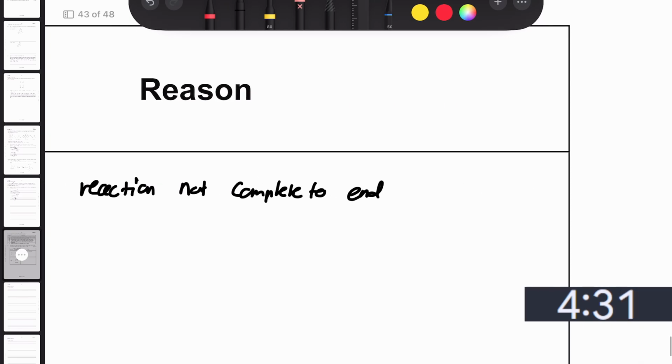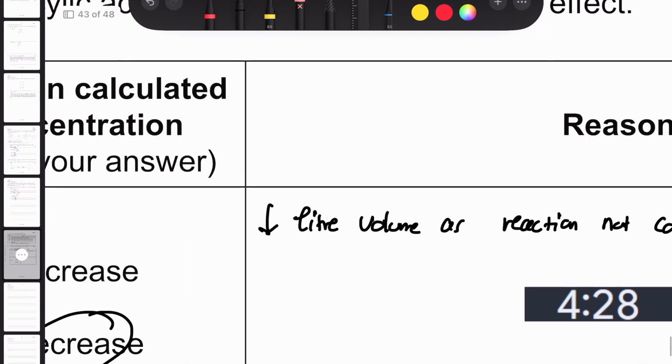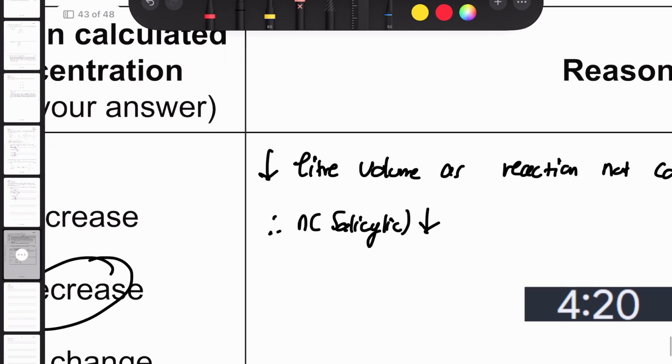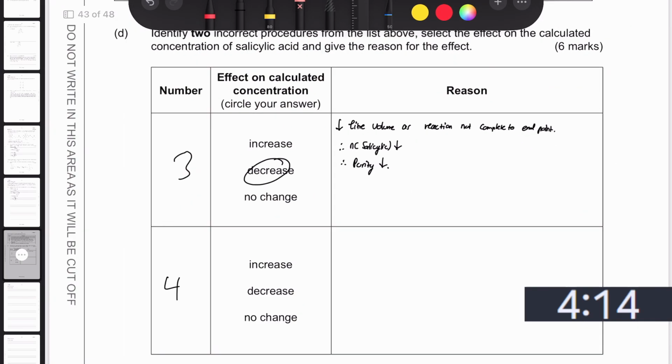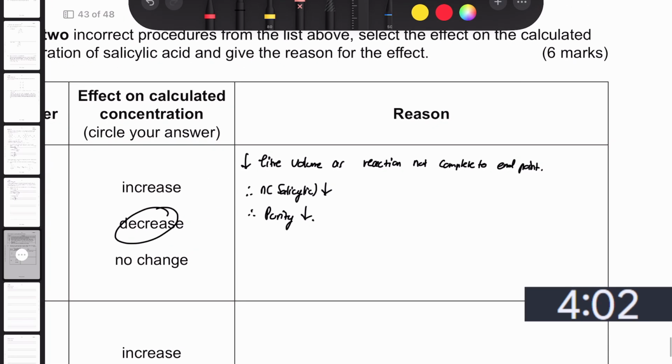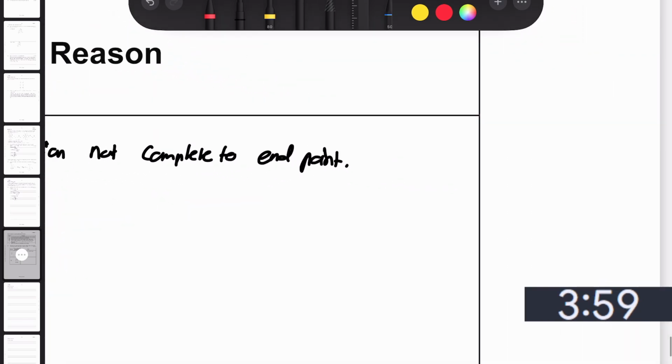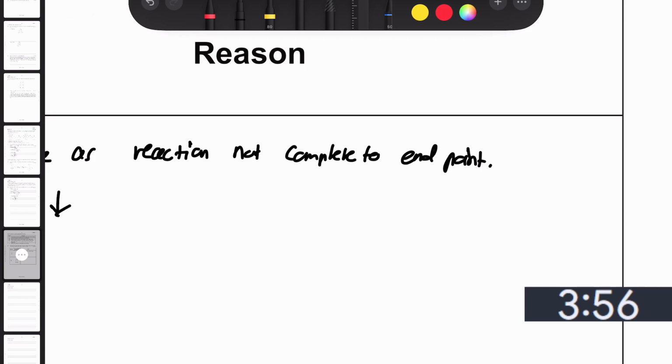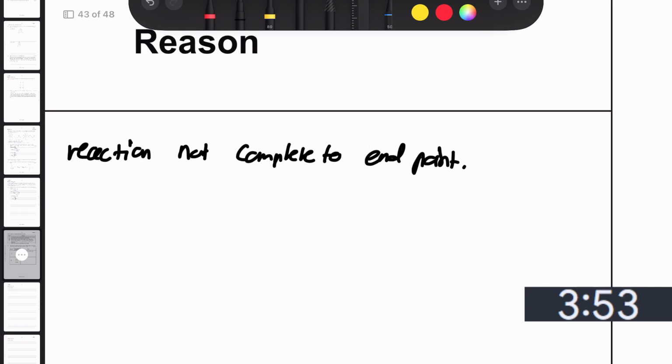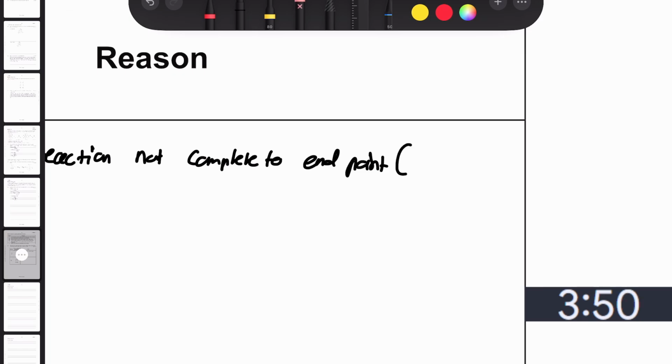Therefore, the number of moles of salicylic decreases, therefore purity decreases. Yeah, because then you're saying that you need less sodium hydroxide to neutralize all of the salicylic, which means that you're saying that there's less salicylic than there actually is. The endpoint must be permanent.